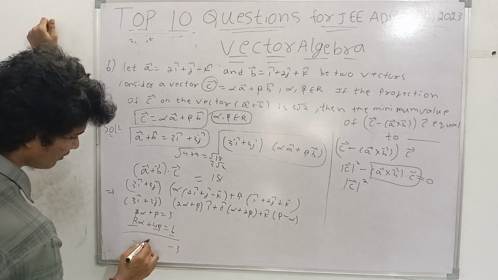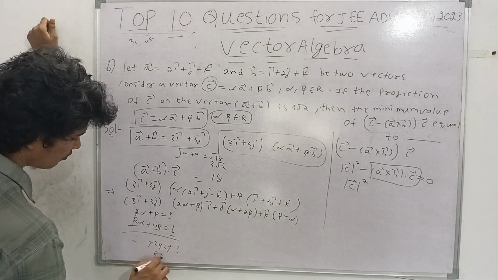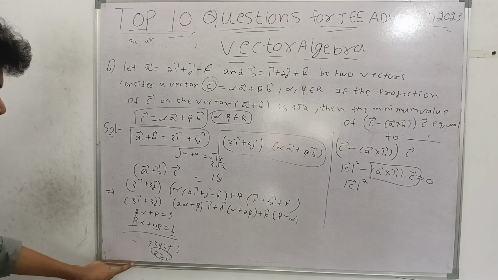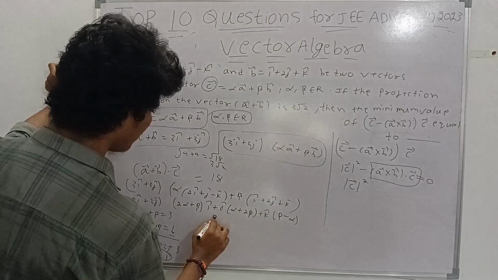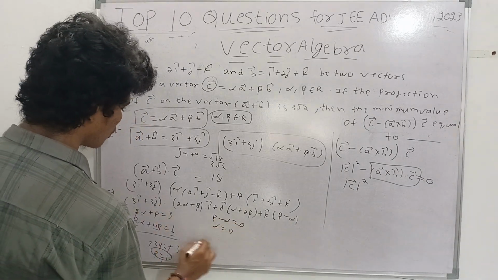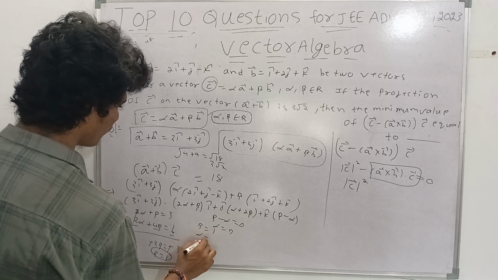It will be minus 3 and minus 3 beta. Beta equals 1. And here beta minus alpha equals 0, so alpha equals beta. So beta equals 1, alpha equals 1.